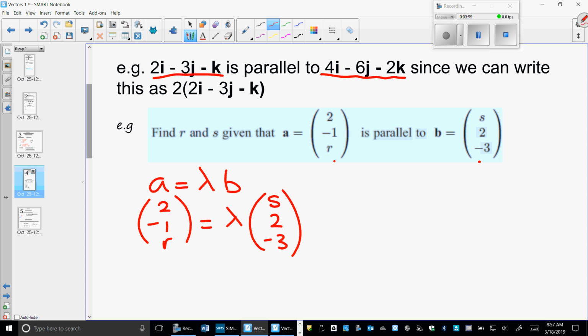So which is the thing that's going to help you? Yeah, this bit here. So here I can say that negative 1 is equal to 2 lambda, because remember, if there is something in front of this, then everything is multiplied by it. And obviously we can rearrange this to show that lambda is negative 1/2.